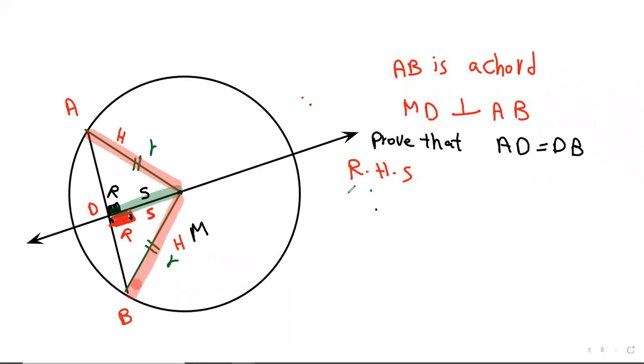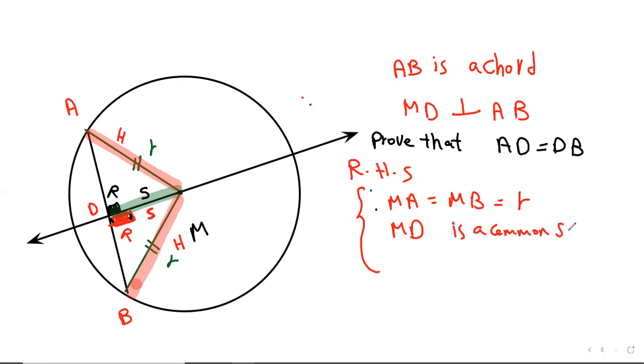And from congruency, we will deduce that AD is equal to DB. So in the two triangles, we have MA equals MB equals R, and MD is a common side. And the measure of the angle MDB equals the measure of the angle MDA equals 90 degrees.